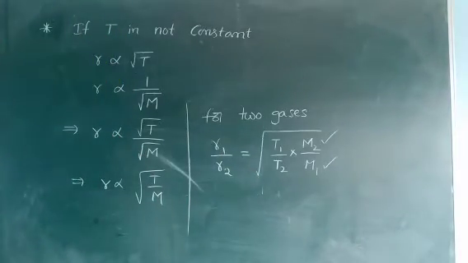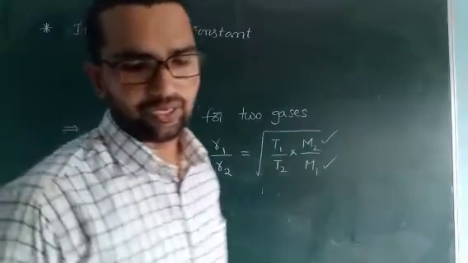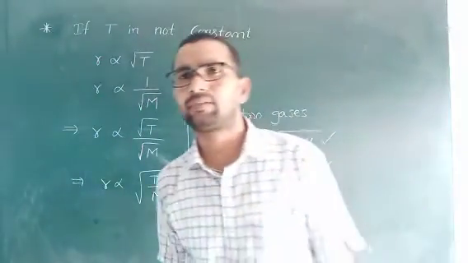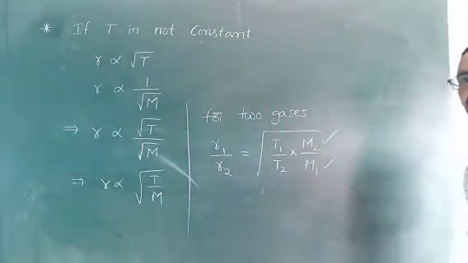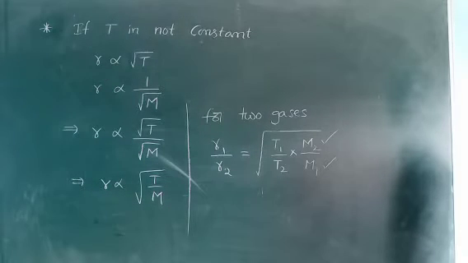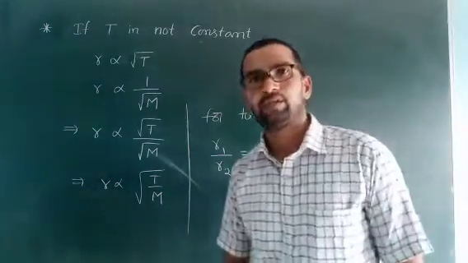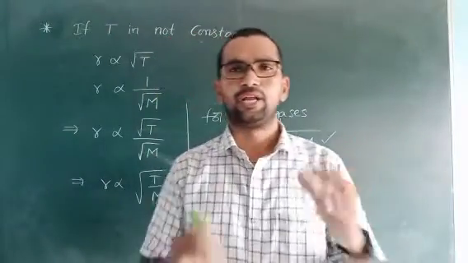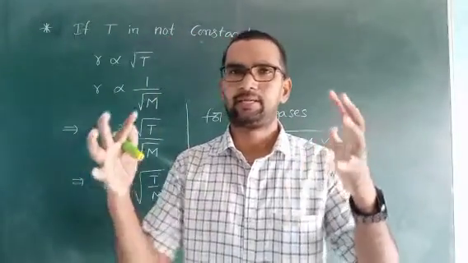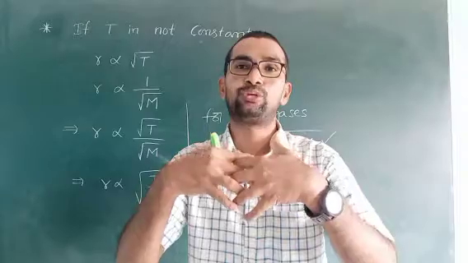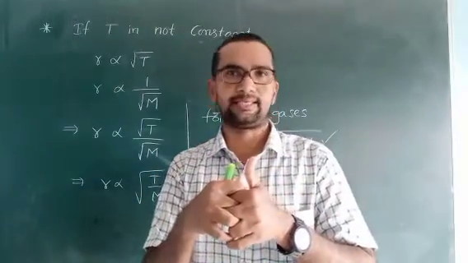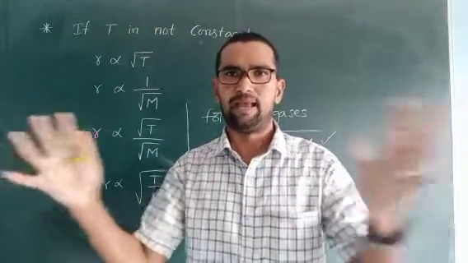Right? So Graham's law concept completed. Now, just revise. Small revision. First, write down all of this one. Okay, I think completed. Now, listen. First, diffusion means combining two or more gases by applying pressure.